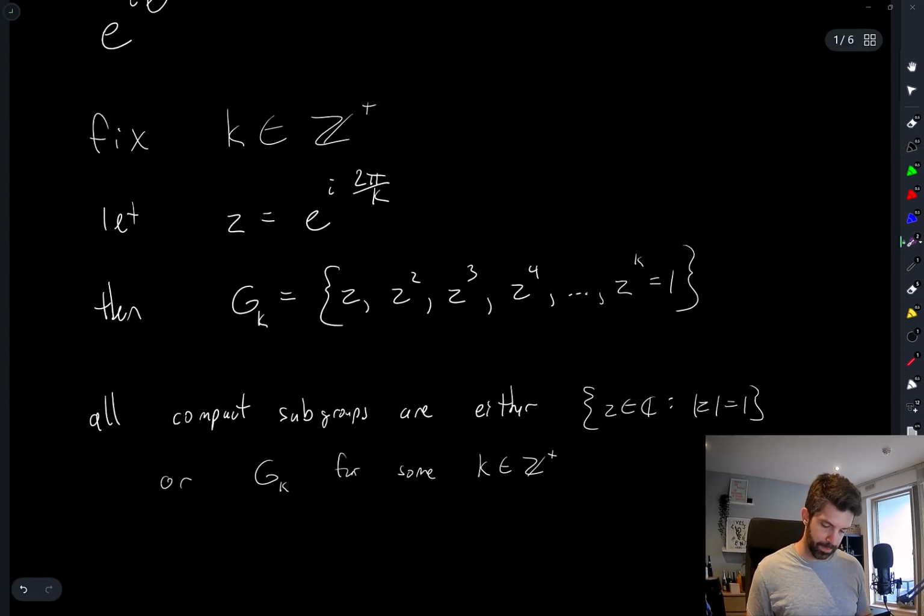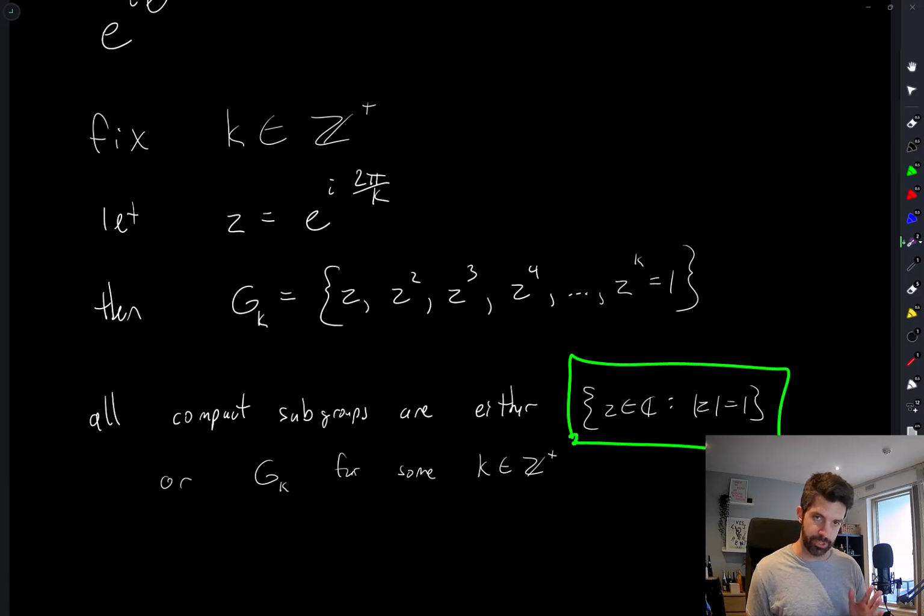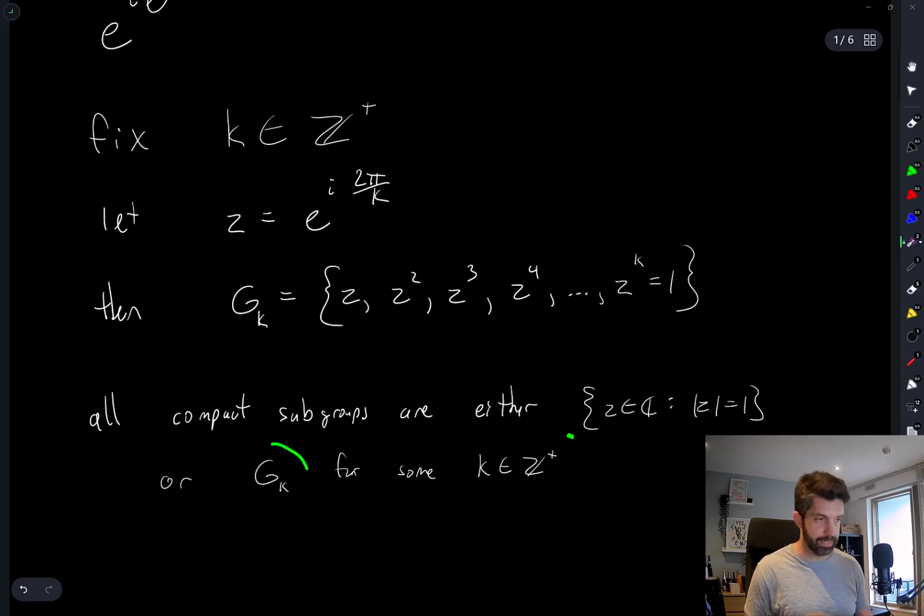So this is the unit circle in the complex plane. I've shown that that is a compact subgroup. g k is a compact subgroup, and I claim that there are no other compact subgroups.